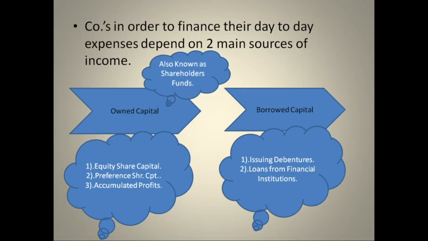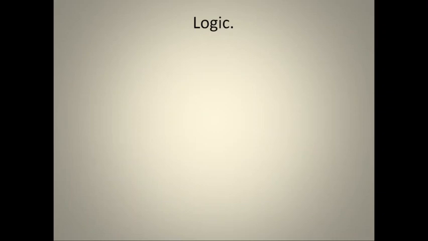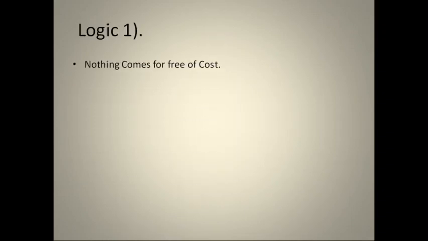Okay, moving ahead. Now we will run through some logic building around this chapter. So which is the first logic over here? Nothing comes free of cost. When I say this, it is very important for us to understand that everything has its own cost. You are borrowing some money from a bank.